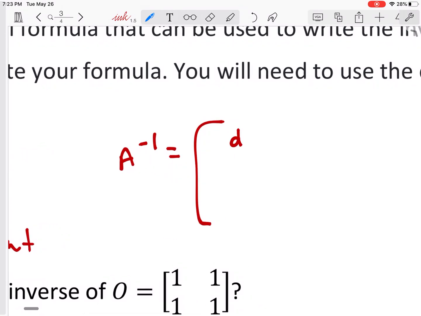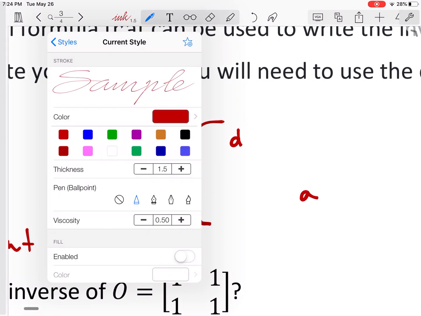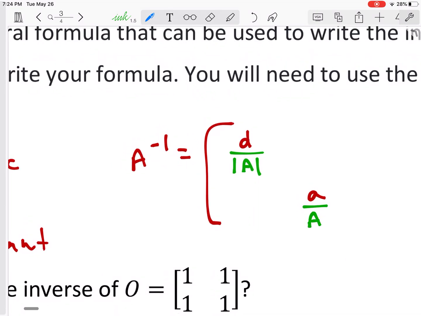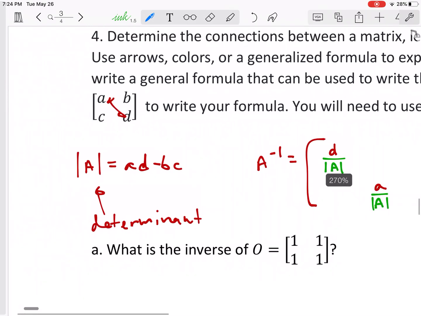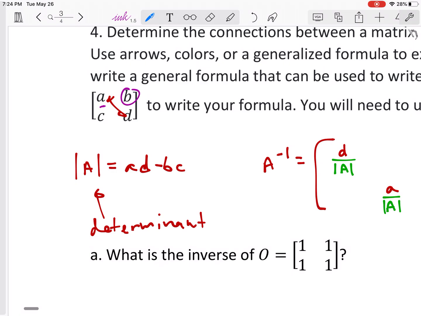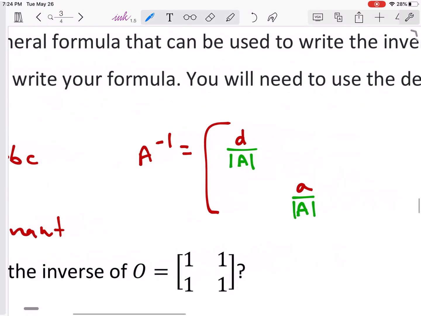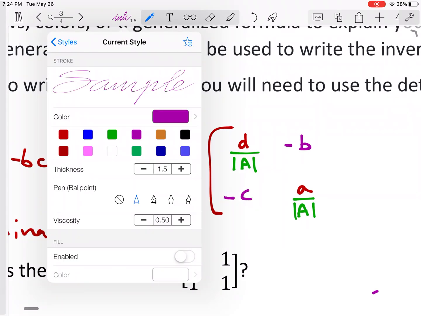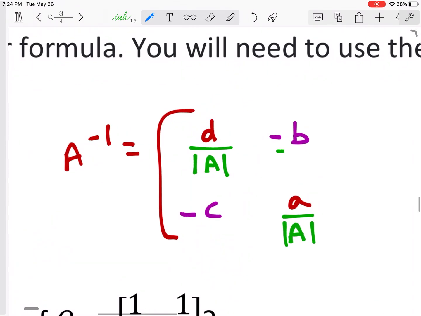So it'll be D and A here, and we're going to divide both by the determinant of A. We take the other two terms here, B and C, those change signs, so -B, -C, but we also divide these by the determinant.